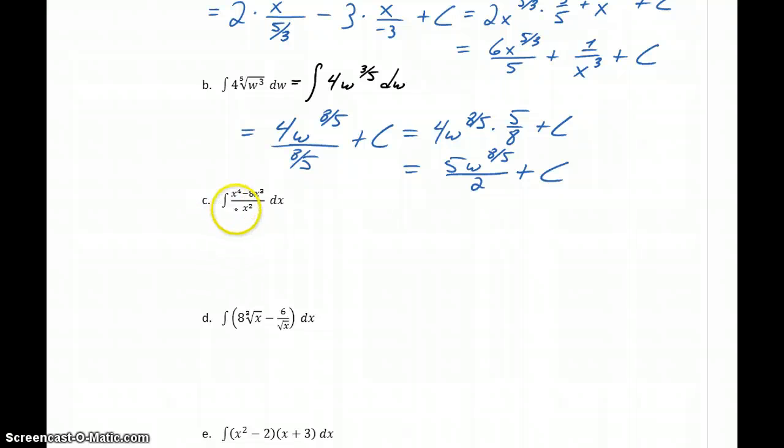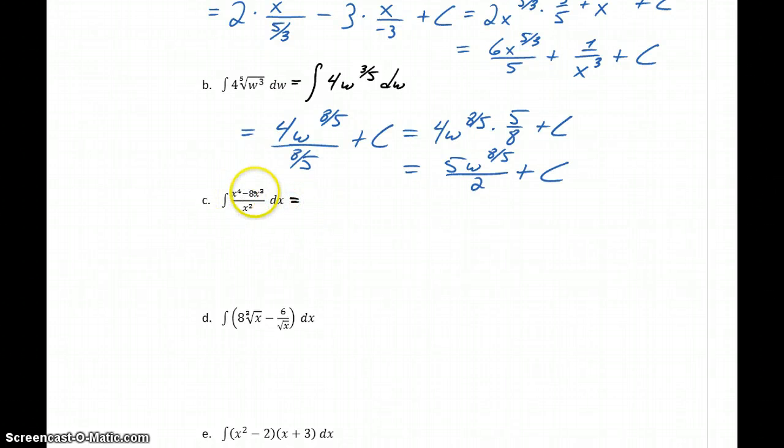Part C is a little bit different than what we've seen before, because now we still have the sum or difference of two different terms, two different power functions, but we're also dividing by x squared. So before we can look at breaking up the integration, the first thing we want to do is break this into the sum of two different fractions.